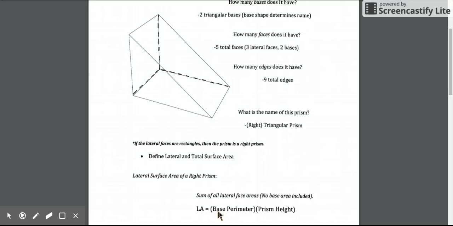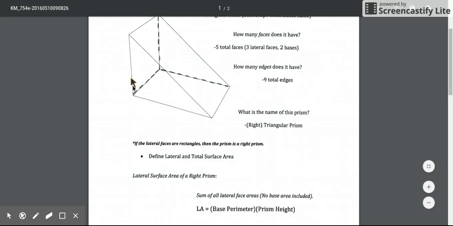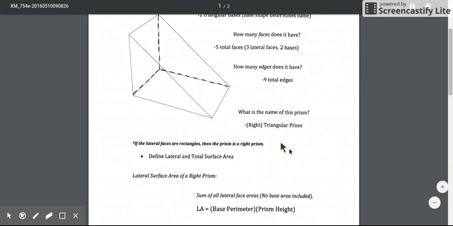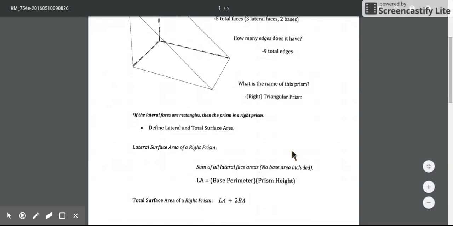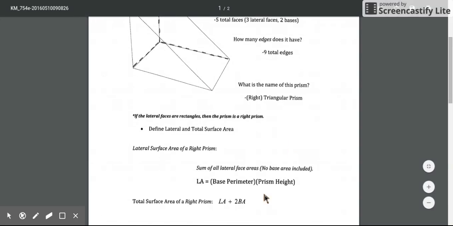If we just find the perimeter of the base shape, so if I find the perimeter of this triangle, and I multiply that by the height of the prism, remember that the height is going to be perpendicular to the base, so this is actually the height of the prism, then that is also the lateral area. It's a nice little shortcut. The total surface area would just be that lateral area plus our 2 base areas.